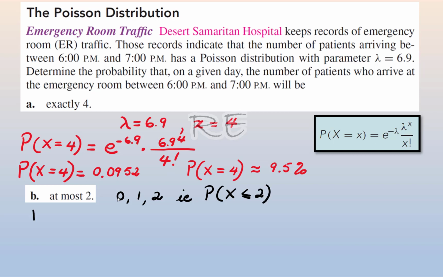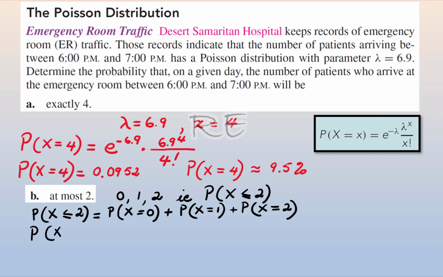So P of capital X less than or equal to 2 will be equal to P of capital X equal to 0 plus P of capital X equal to 1 plus P of capital X equal to 2.